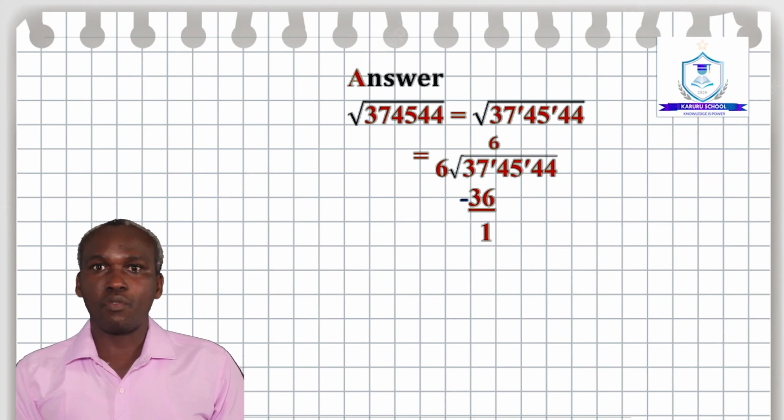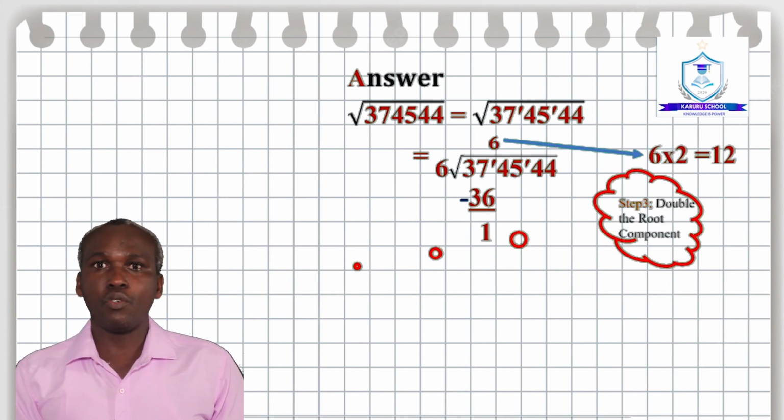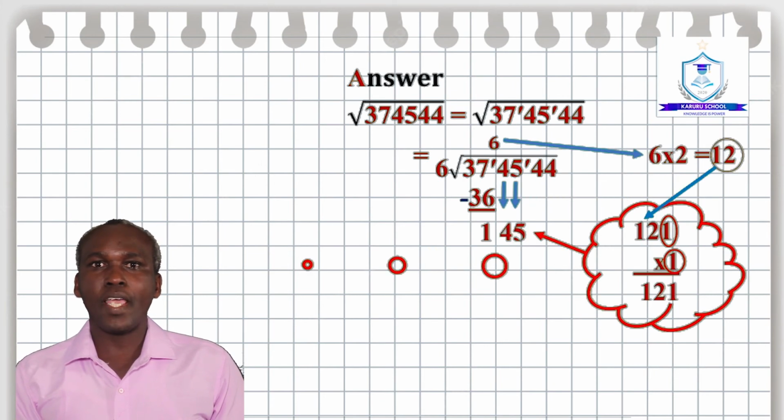We then double the root by multiplying 6 by 2, which is equal to 12. We then generate a new number by adding an additional number to the ones place, such that if you multiply the new number with the added digit, we get a number close or equal to 145. In this case, we will place 1, since if we place 2, the number will result to 122 multiplied by 2, which in turn yields 244, which is far much greater than 145.